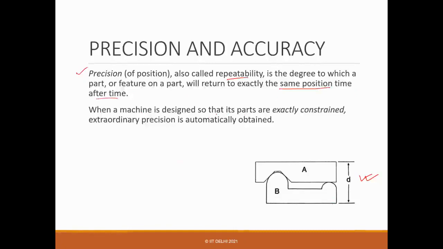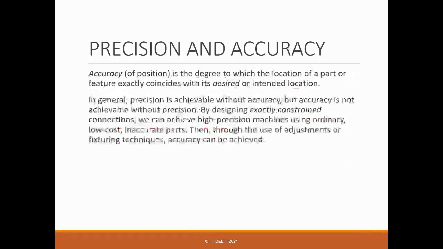So when a machine is designed so that its parts are exactly constrained, extraordinary precision is automatically obtained. So if you follow this principle, what it says is that you can achieve precision automatically. That's the idea. So talking about the accuracy, also the degree to which the location of a part or feature exactly coincides with desired or intended location, right?